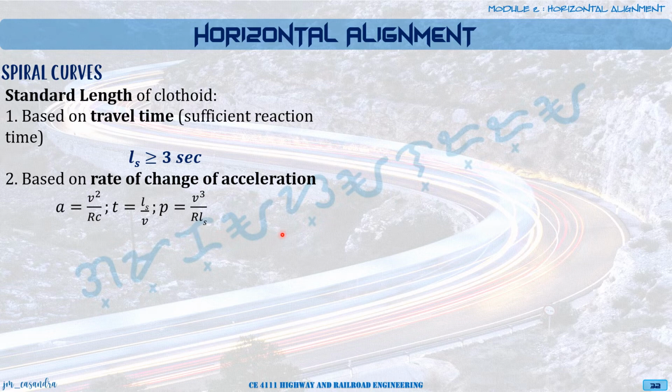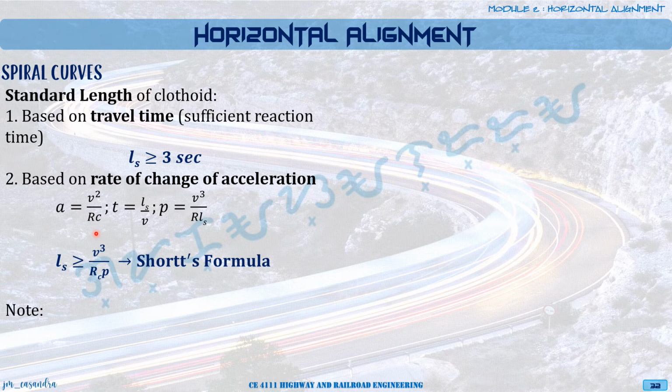Therefore, the length of the spiral should be greater than or equal to v cubed divided by Rc times j. And this equation is what we call Shortt's formula.